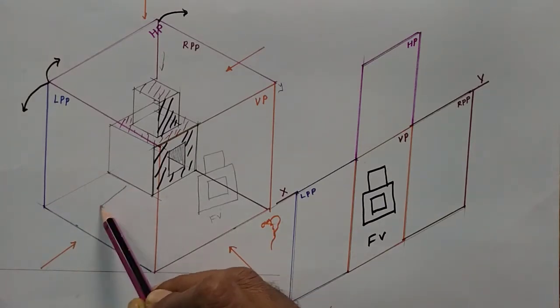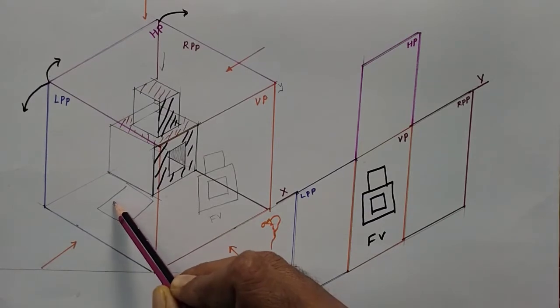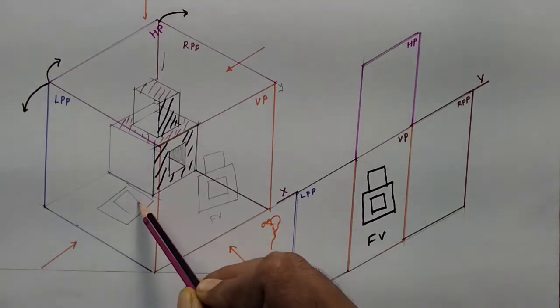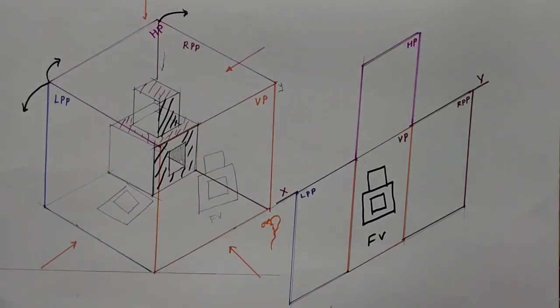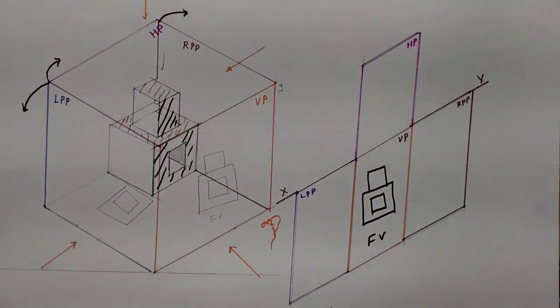It can be represented on our HP plane this way. One more point here: this square hole is not visible from the top view.